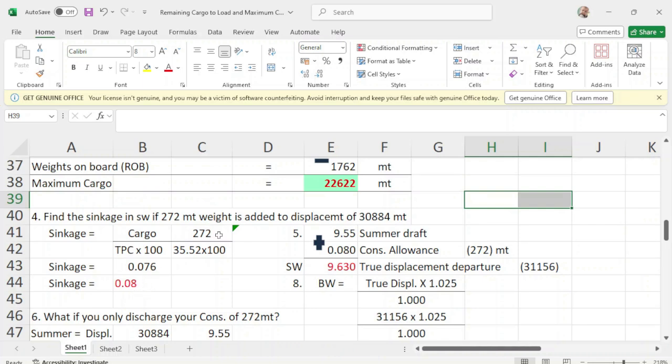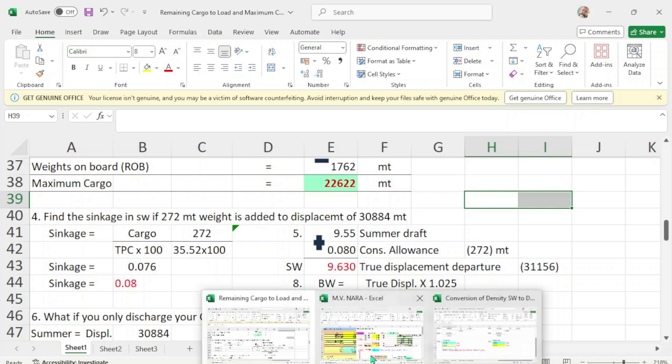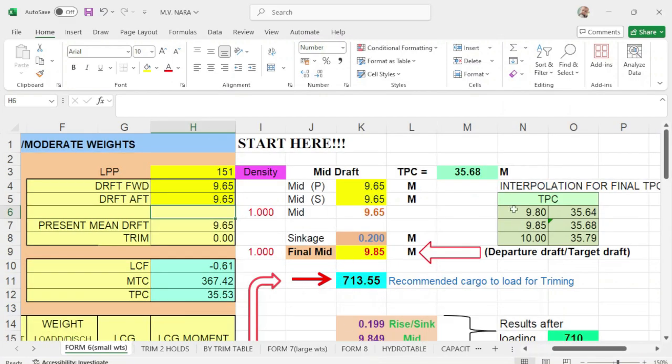This is in metric tons. And what is the TPC of your departure? The TPC of your departure is 35.68.